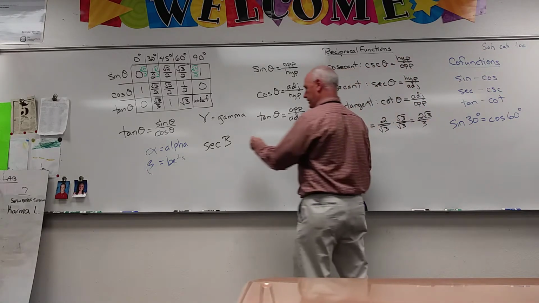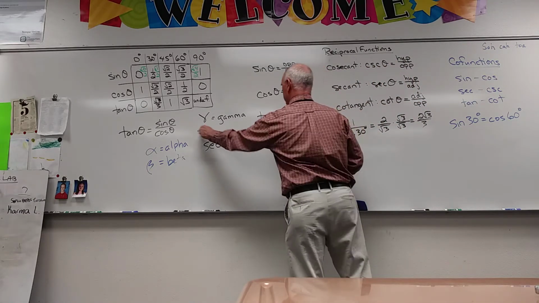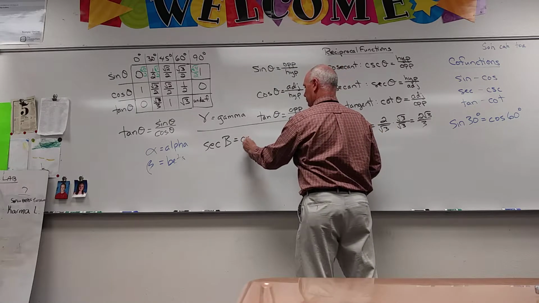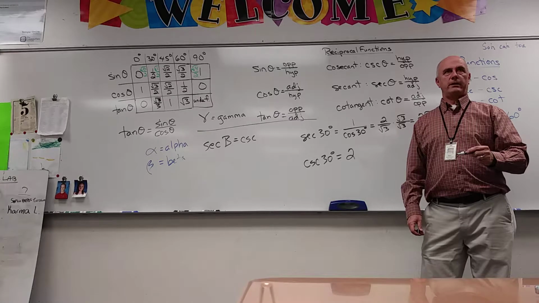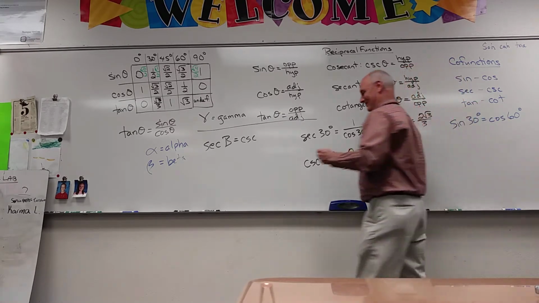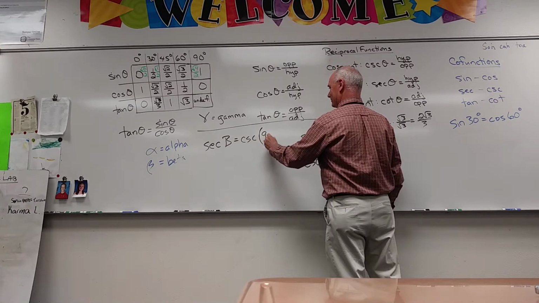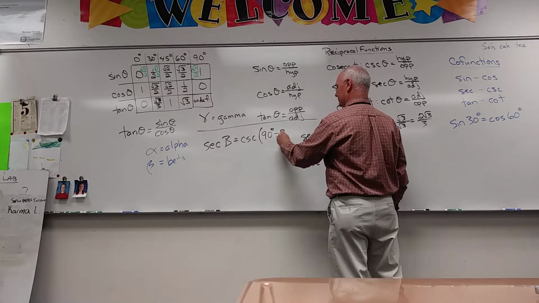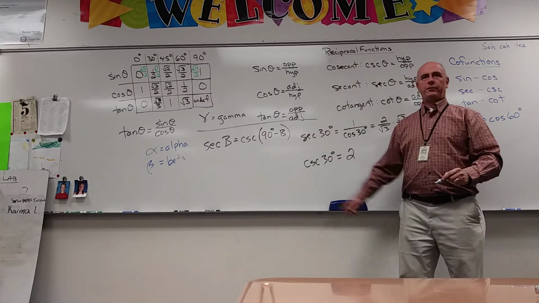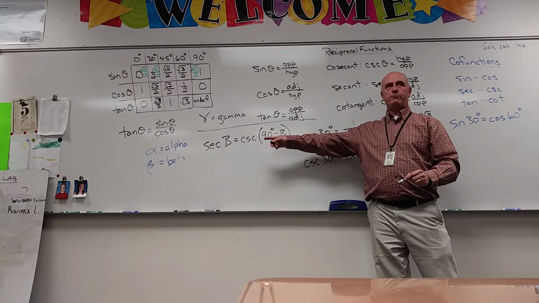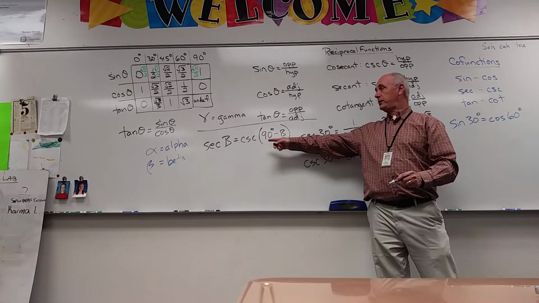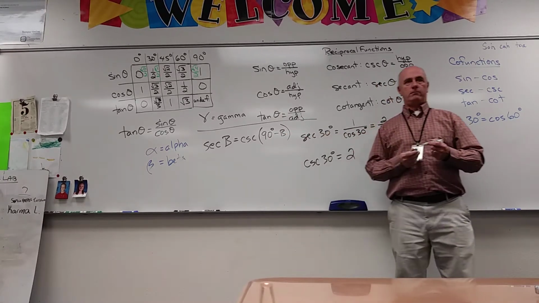Okay, I heard cosecant of, 90 minus. What do you think about that? The secant of b is equal to the cosecant of 90 degrees minus b.